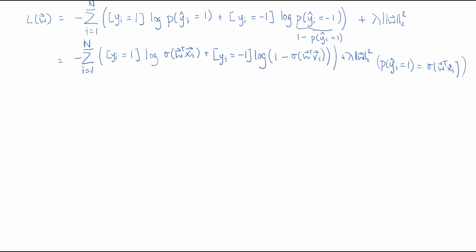So next, we're going to plug in what sigma is. So sigma is the sigmoid function. So again, a summation of indicator of yi equals 1 times log. So now it's going to be the sigmoid function, which is 1 over 1 plus e to the power of minus w transpose xi.